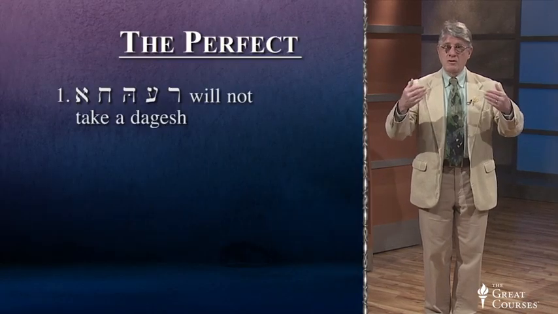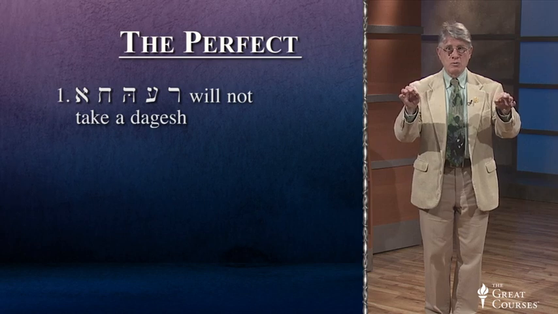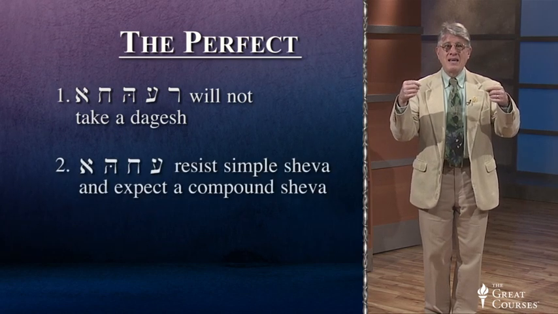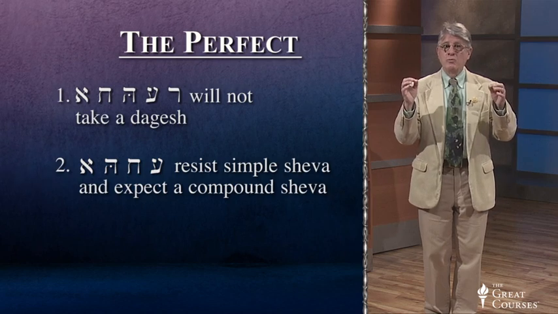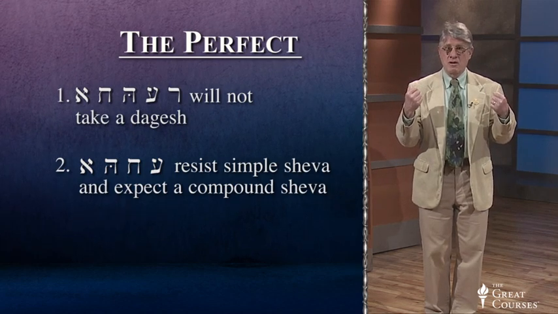Now, the 3 rules about how guttural letters behave were: the letters Aleph, Chet, He, Ayin, and Resh will not take a dagesh. The letters Aleph, He, Chet, and Ayin resist simple shva underneath them and expect a compound shva.